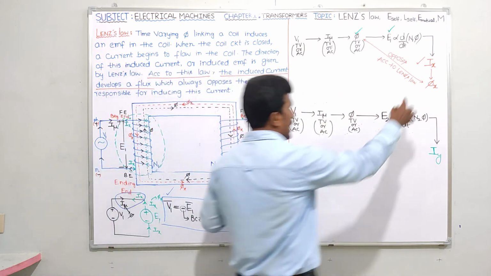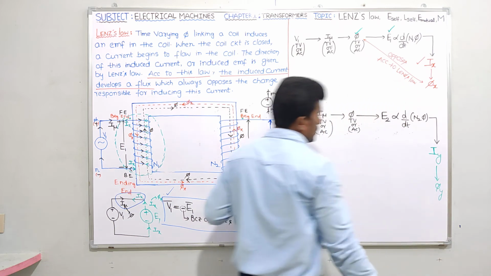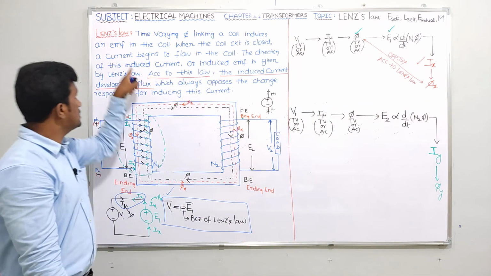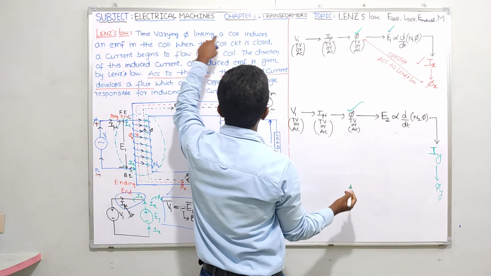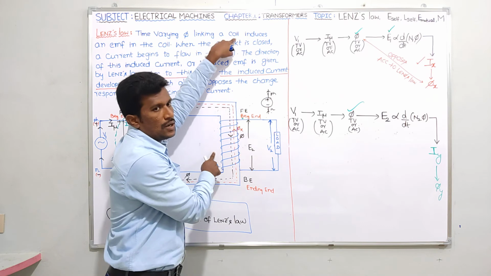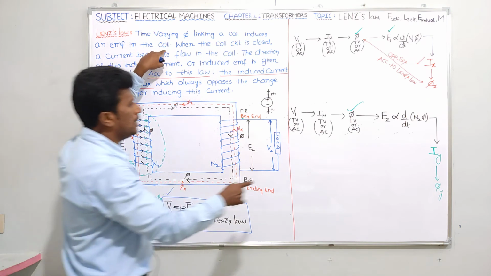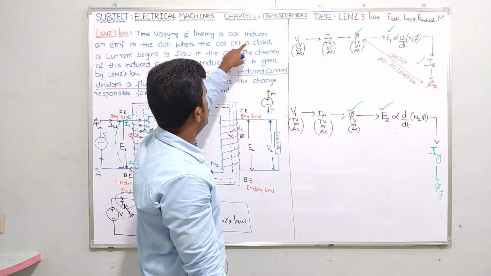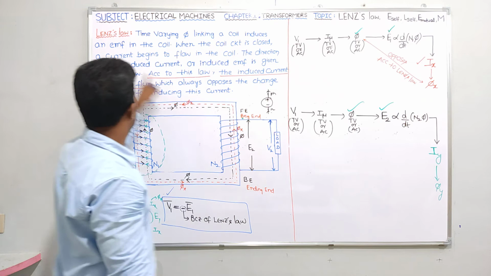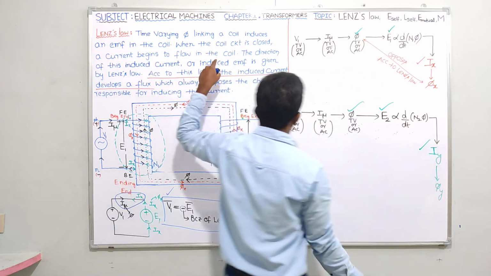Because of this IY, you'll get some flux pi y. Once again, let me see this statement. Time varying flux linking with a secondary coil having number of turns N2 induces an EMF in the secondary winding. When the coil circuit is closed, a current, nothing but IY, begins to flow in the coil.